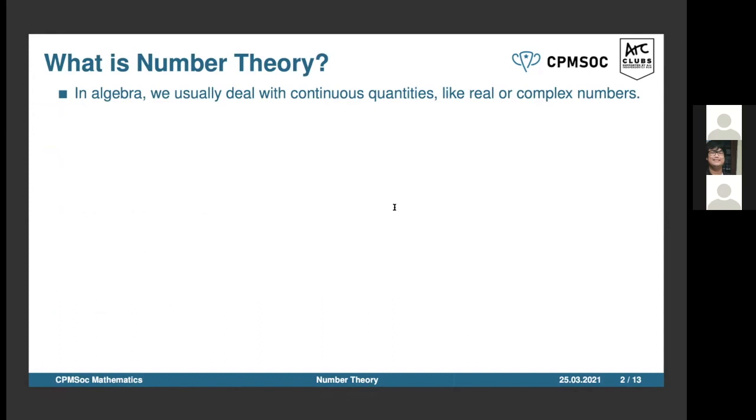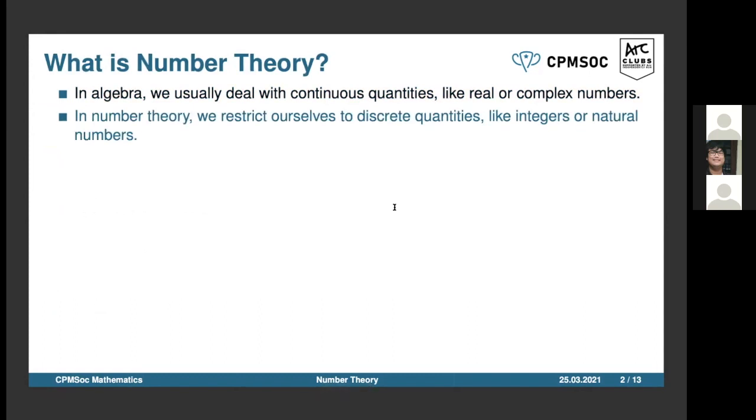Whereas if you restrict yourself to stuff like integers or natural numbers, there are fewer solutions, and sometimes that makes things easier because you can case bash, and sometimes it makes things more tricky. So number theory is notorious for having questions that are easy to state, but hard to prove and hard to understand the proofs for, because of this weird discrete aspect.